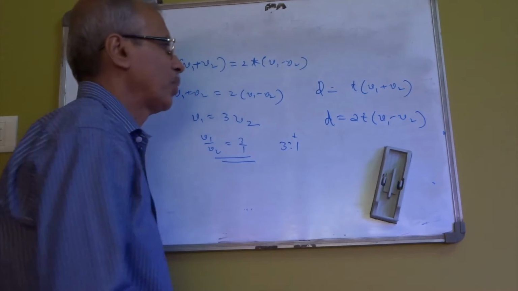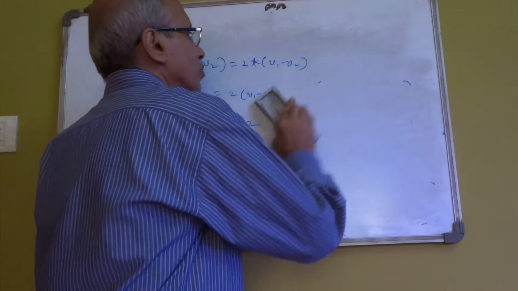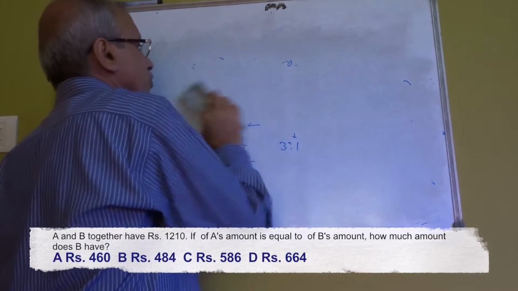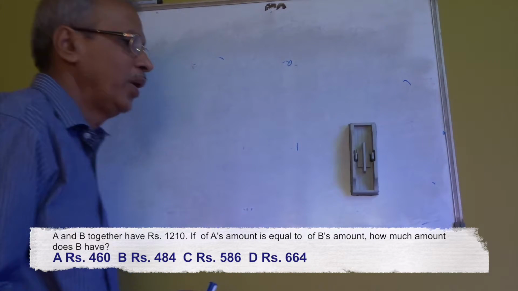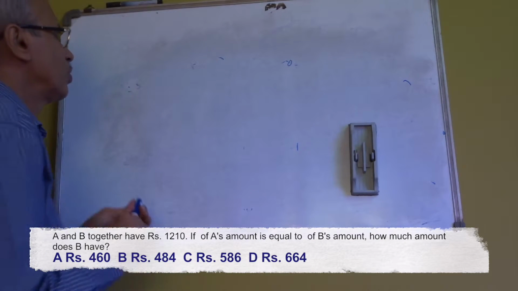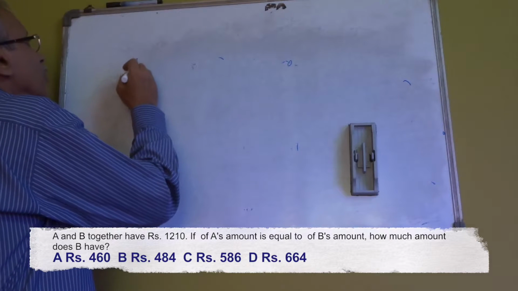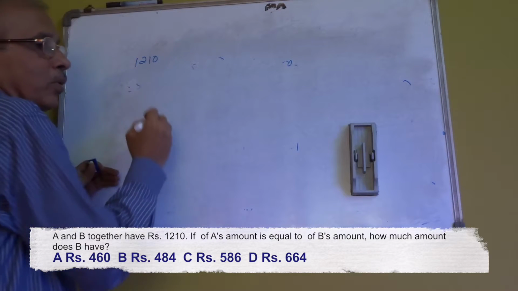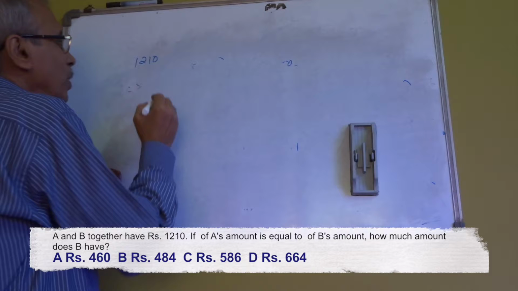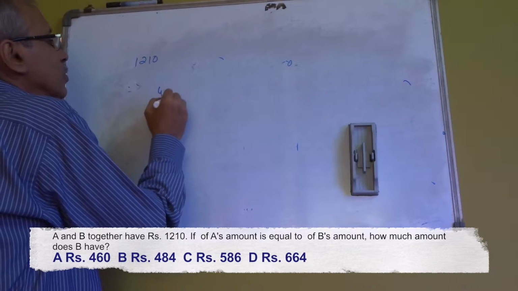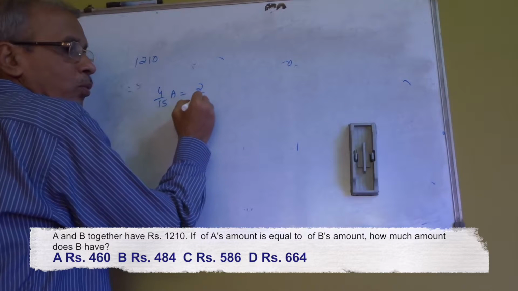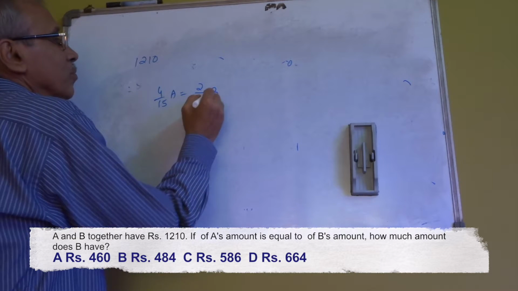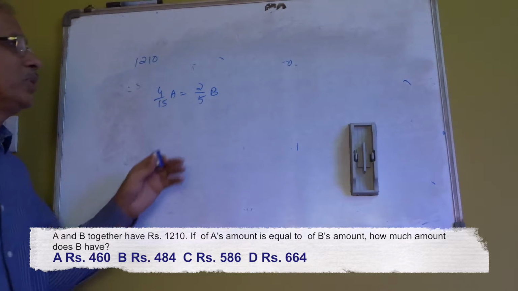Let us see one more problem. A and B together have 1210 rupees. 4 by 15 of A is equal to 2 by 5 of B. So what is B's share?